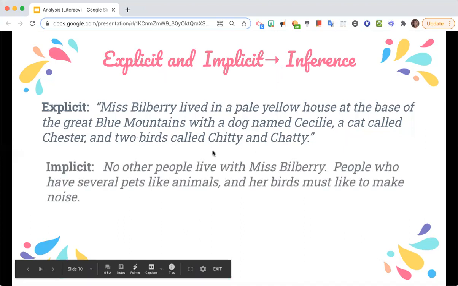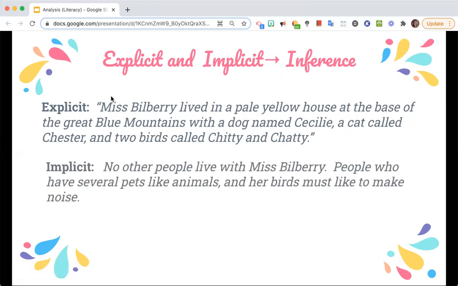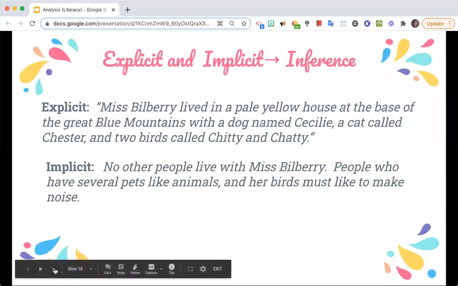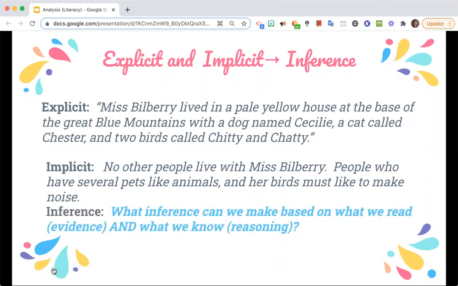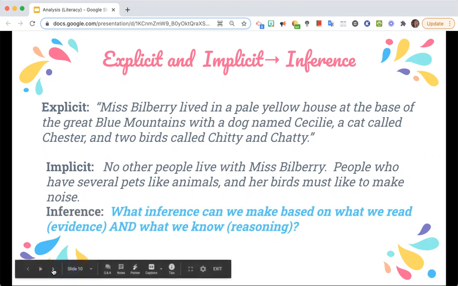So in order to make an inference based on this explicit and implicit evidence, we need to draw a conclusion about these two pieces of information. We need to ask ourselves, what inference can we make based on what we read, both the evidence and what we know, the reasoning?